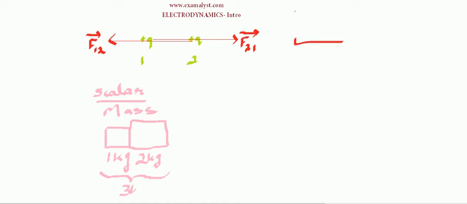You see, the addition is just like adding numbers. So scalars are just like numbers. But on the other hand, vectors are not so easy. Vectors do not add like numbers.